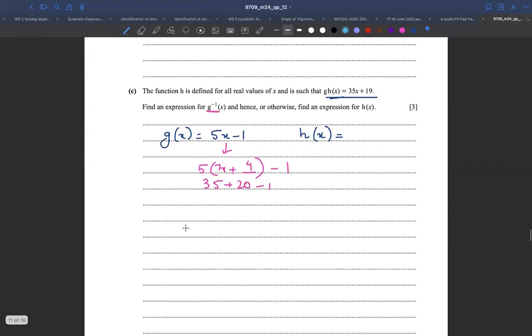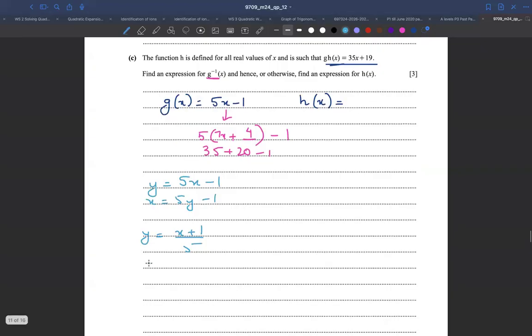If we find the inverse of g, what will it be? So x equals 5y minus 1, so y equals x plus 1 upon 5. So this is g inverse of x.